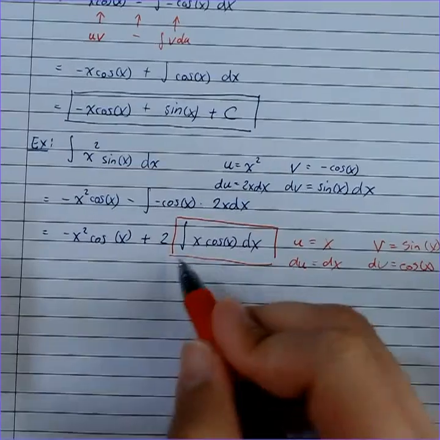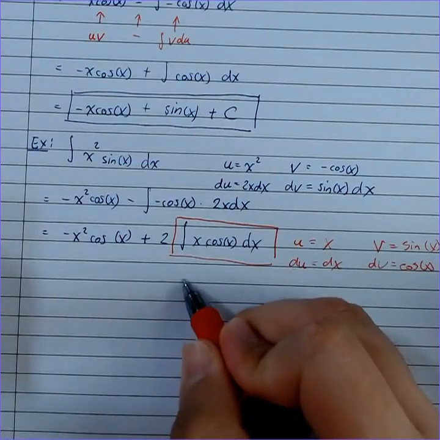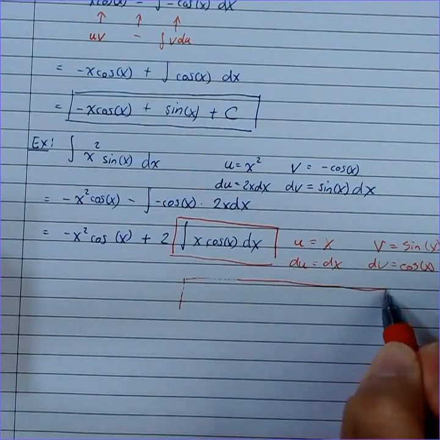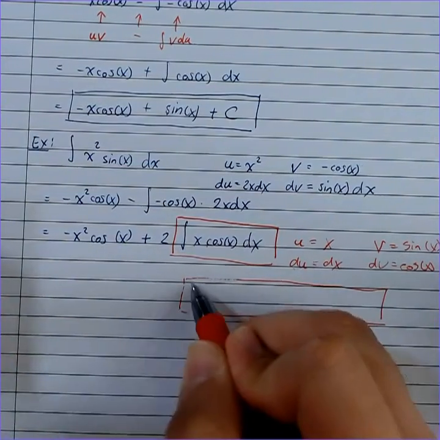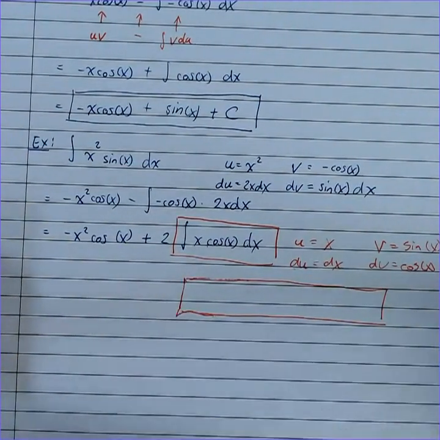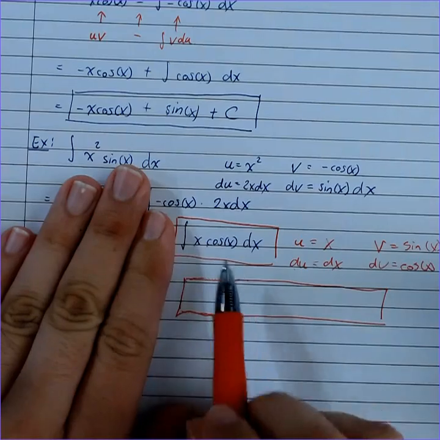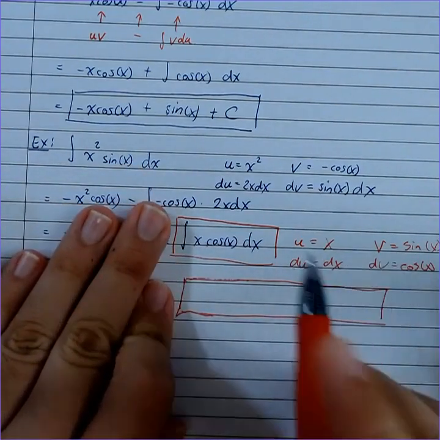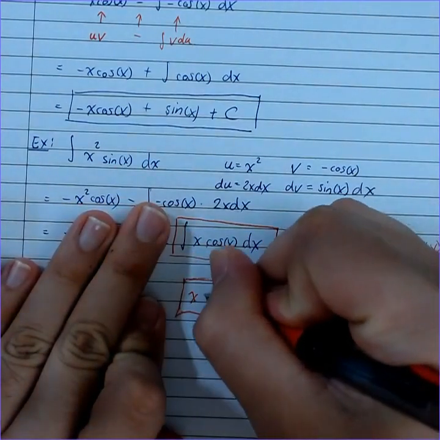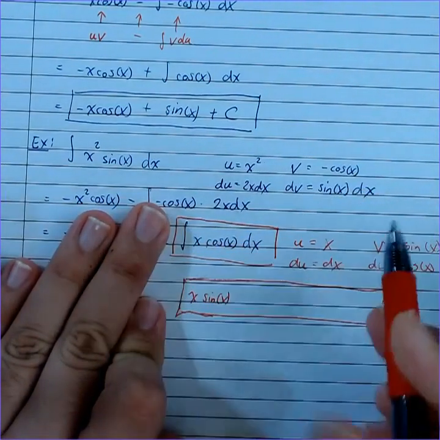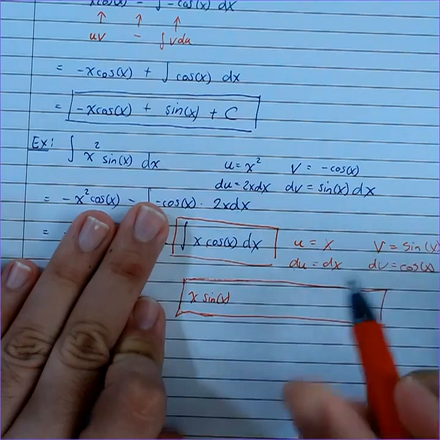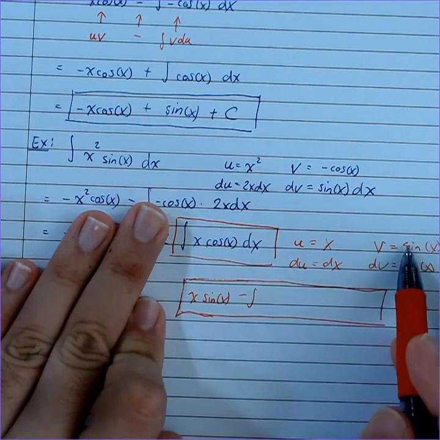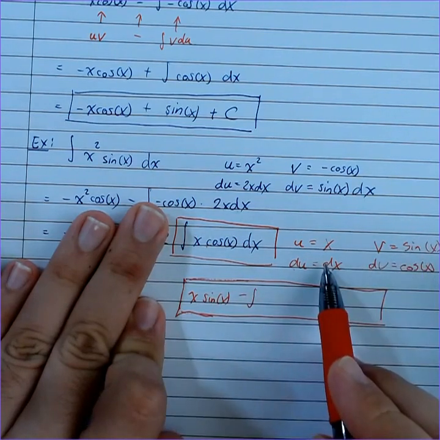All right, so now just this part right here. Again, I'm ignoring this stuff over here, just in the box. I'm going to take u times v. So that's x times the sine of x, u times v, minus the integral of v times du.